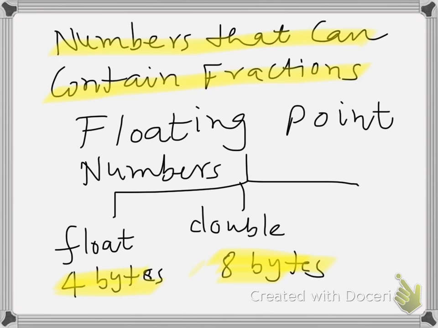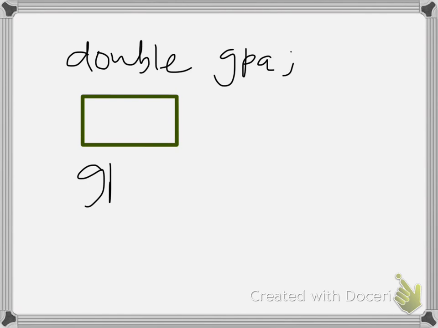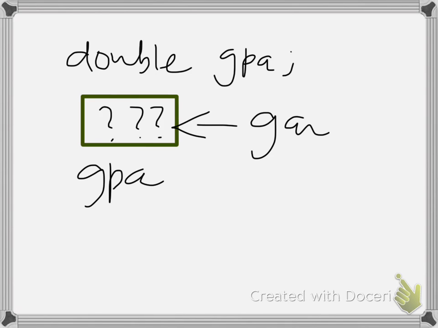Declaration of floating point numbers is done like this. I can say double GPA, and when that happens, you create a memory location called GPA, and of course we have not initialized it, so with this statement you just have garbage in there.